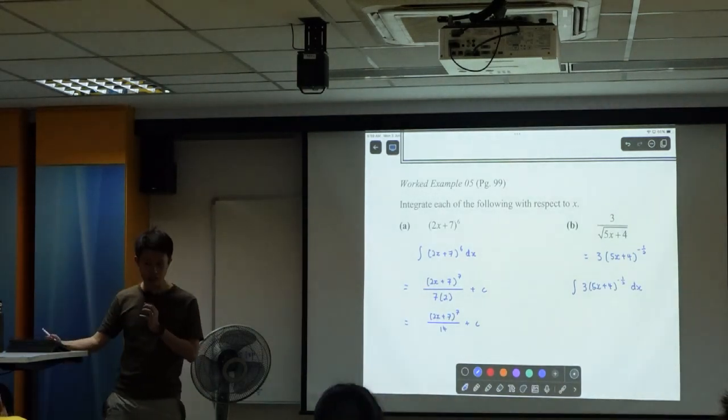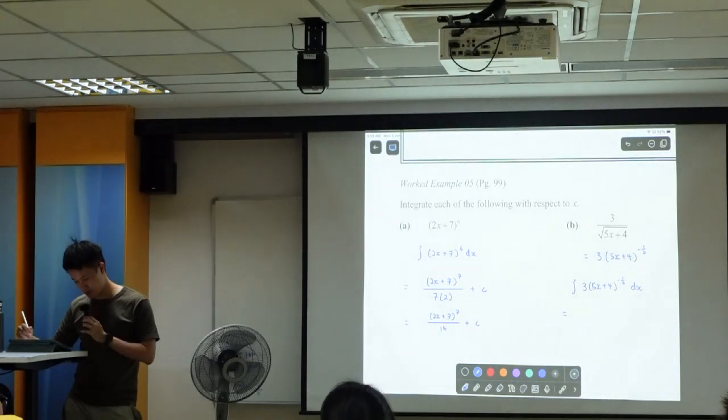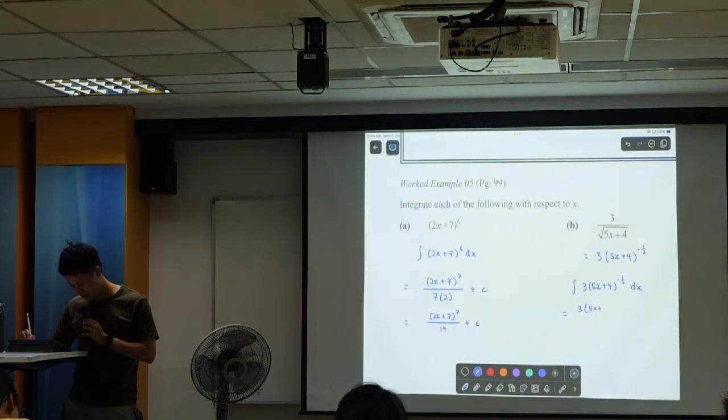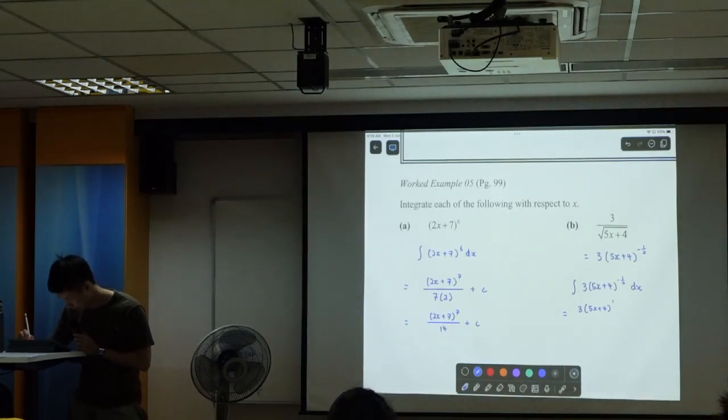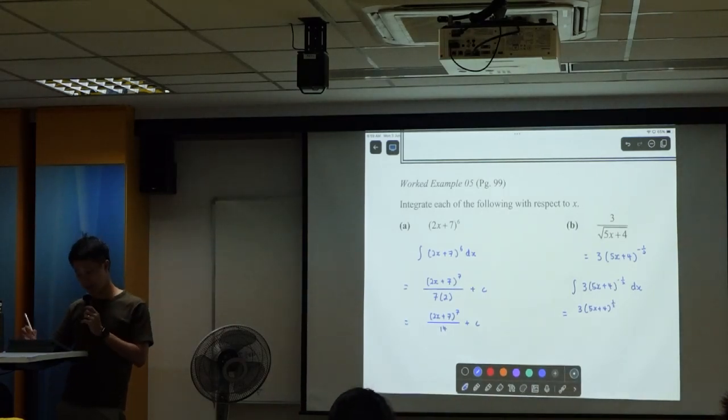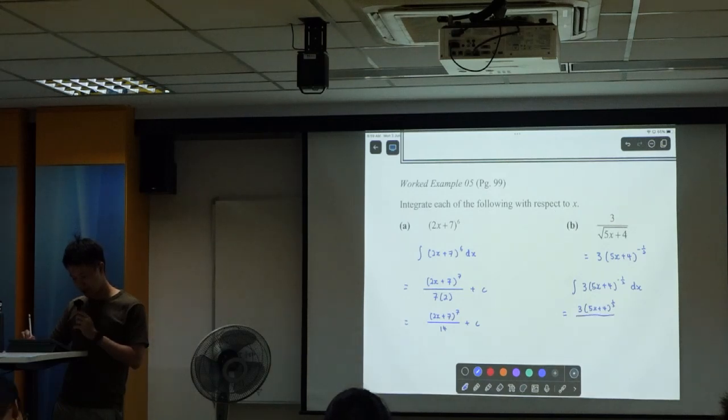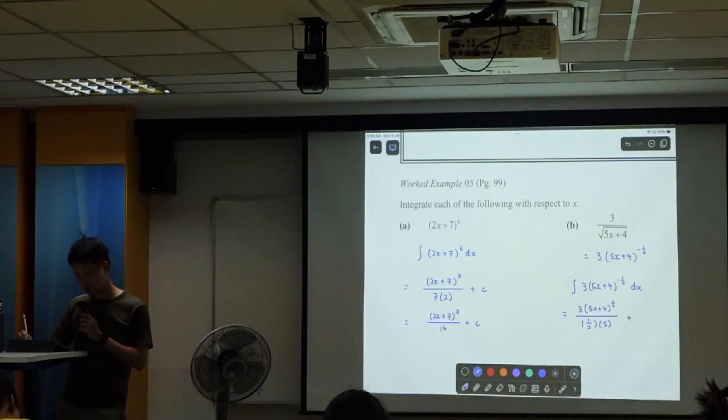Remember, the constant you can leave out. Of course, you can simply write 3 times (5x plus 4) to the power of what? What is negative half plus 1? Positive half. What is it divided by? By half times 5, plus c.